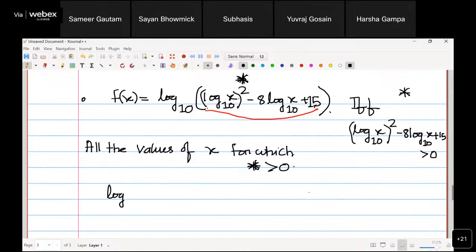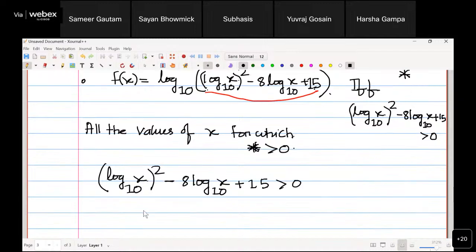So this is my star. Whatever I have written here looks like a quadratic function. Certainly this is not quadratic, but you have a similar kind of expression, right?